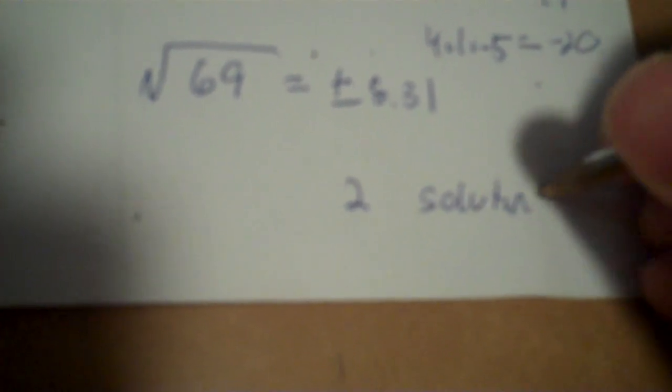So 49 plus 20 is 69. So the square root of 69 is 8.31. So that's two solutions, but they are both irrational. Because I had this crazy decimal I had to round, that means the two solutions are going to be irrational.